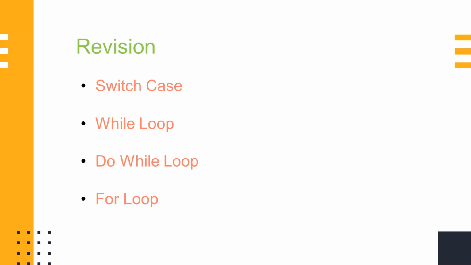Switch cases, what we learned in our last class regarding switch case. If you remember, in our previous class we learned about the if statement. Why are we using if and else if statements? To perform a multi-way function.